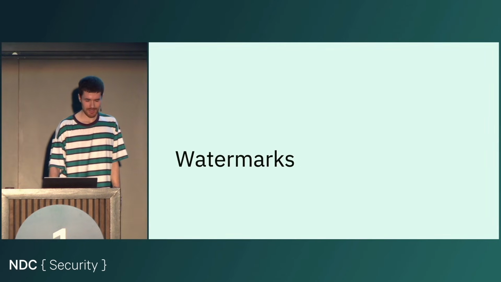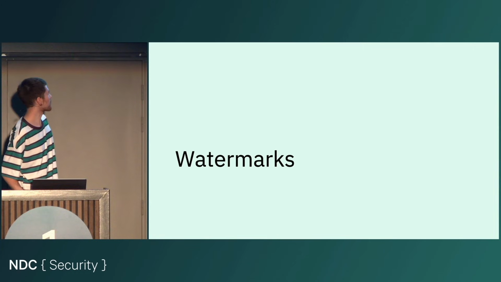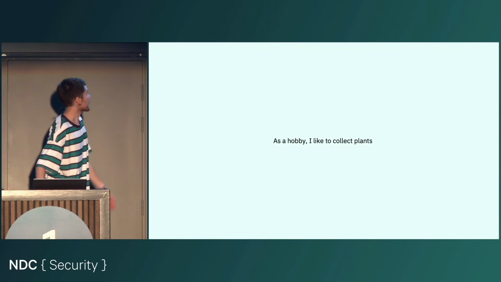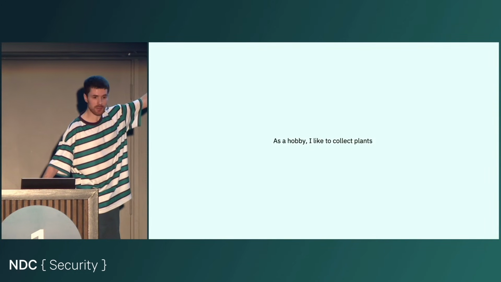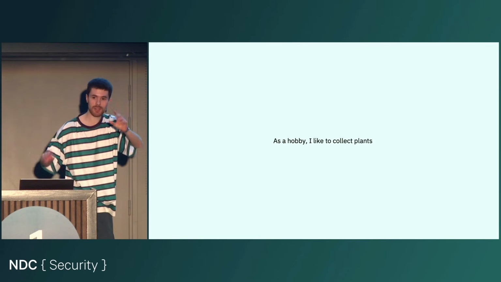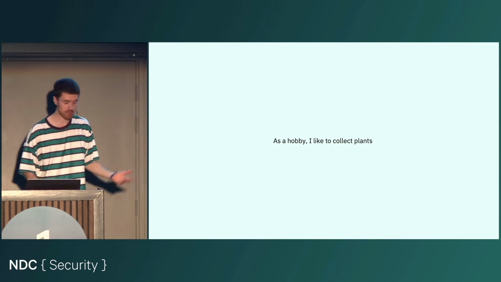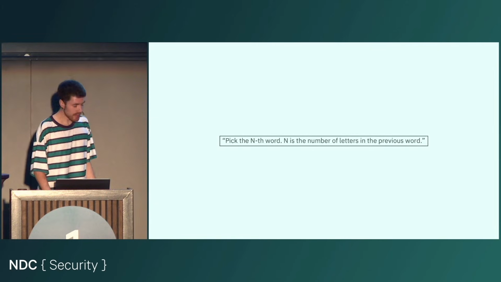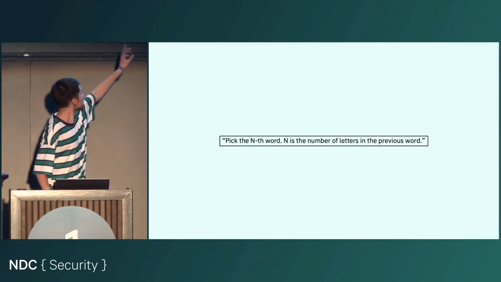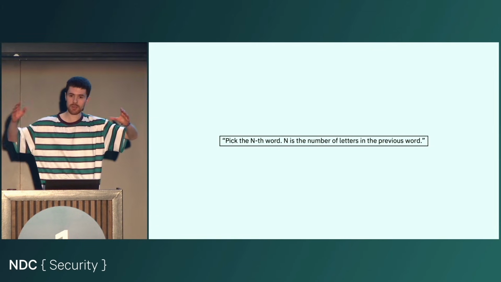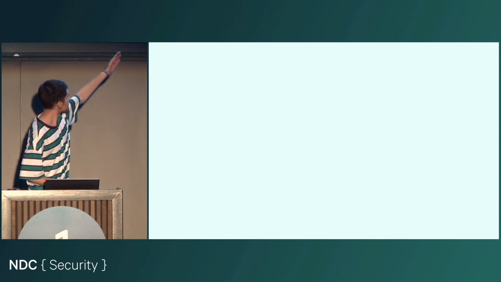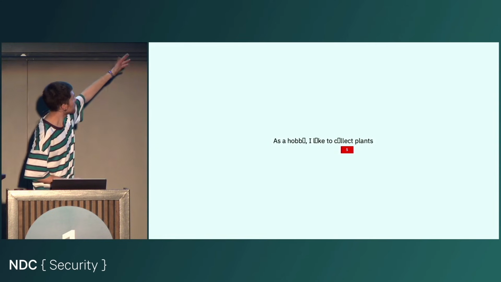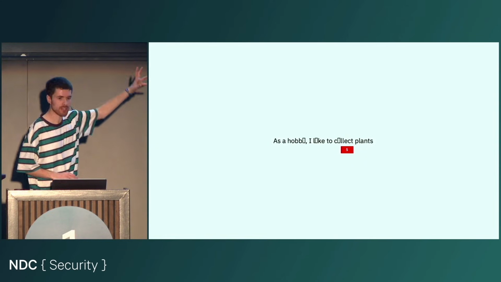Now, watermarks. What's gonna happen with watermarks here? Very interesting again. So that's the example that we had before, right? Seventh word, matches a rule, etc. But now let's put some homoglyphs here. Here we are. And our rule is, again, pick the nth word. We go here. Well, we don't know what that weird character is, right?